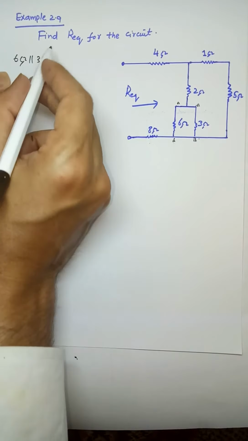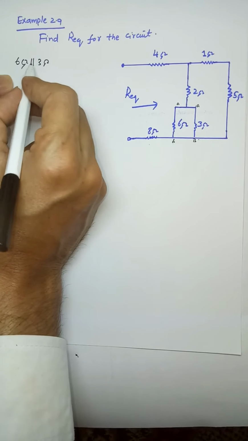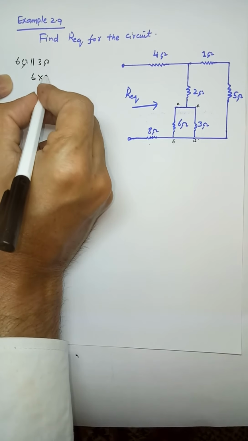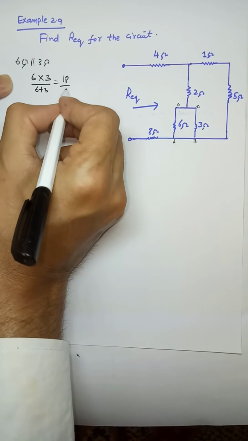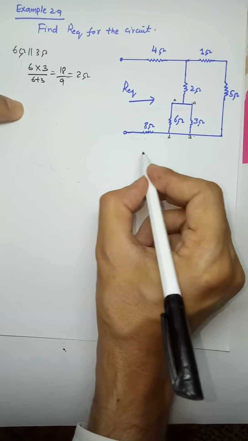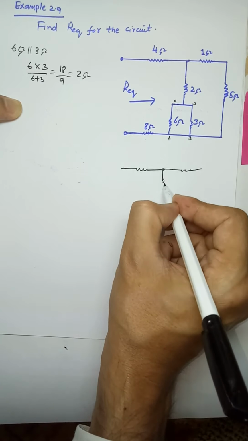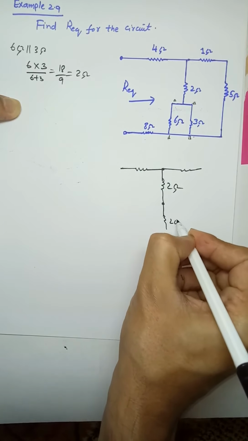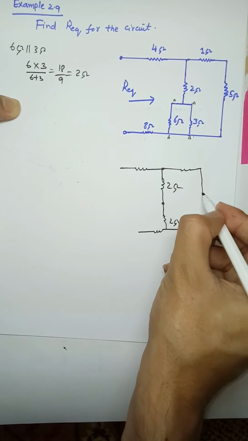For parallel combination, you take the product of the two resistances divided by the sum of the individual resistances. So the product is 6 times 3, which is 18, divided by 9, giving 2 ohms. Now you can simplify the circuit and write 2 ohm for these two resistors.